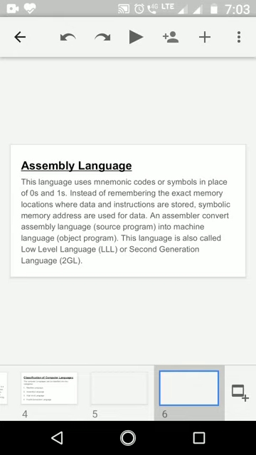So whenever the instructions are written in assembly language, they need to be converted into machine language, and for that a translator is required. This translator is a program which converts the source program, that is in assembly language, into the object program or object code, that is in machine language, and we call this translator an assembler.